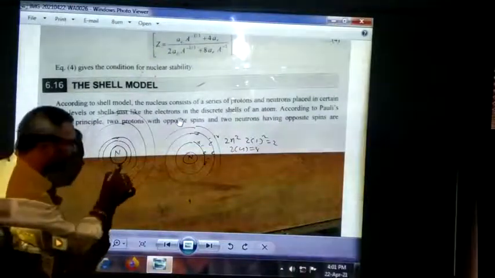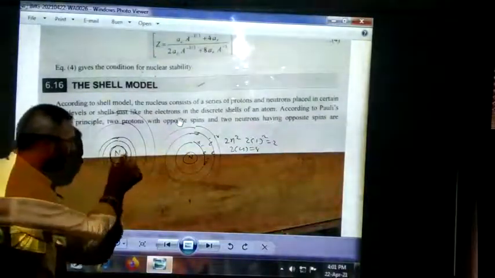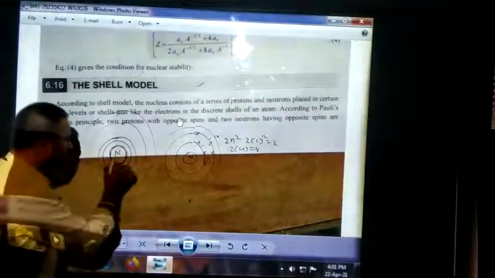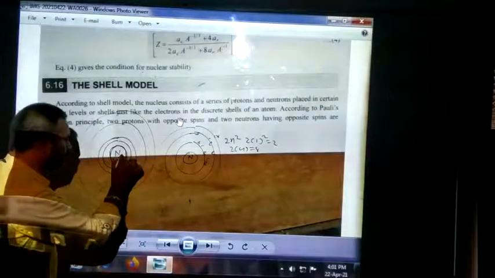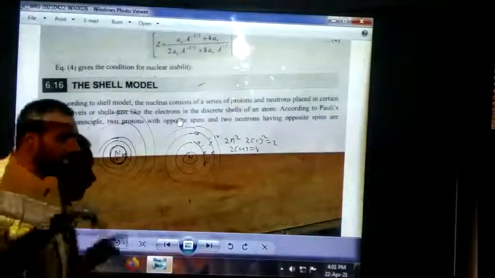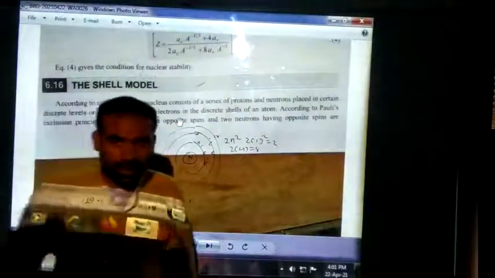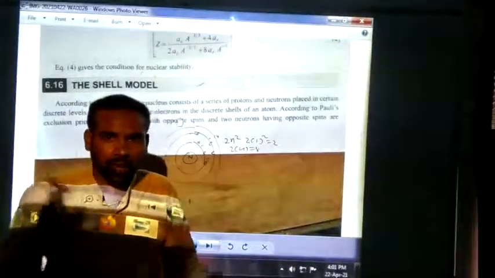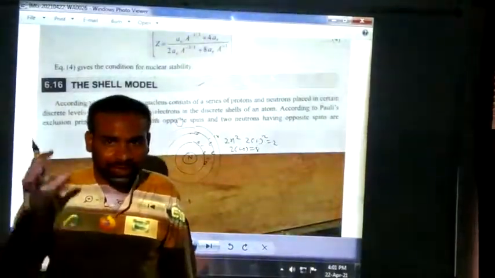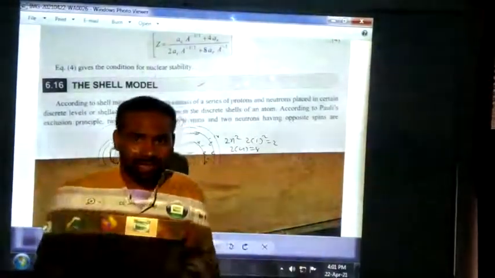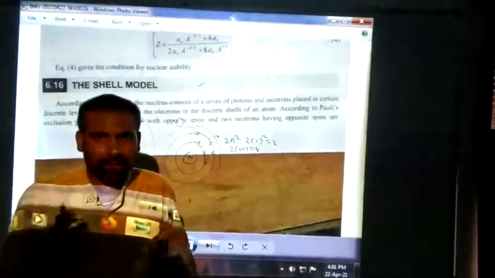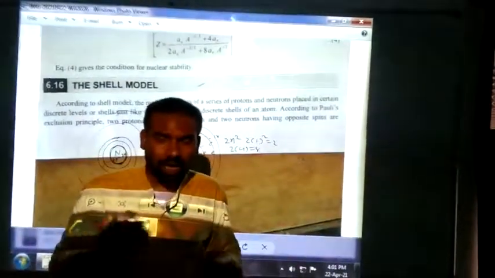Inside the nucleus the first energy level is filled with 2 protons with opposite spins and 2 neutrons with opposite spins. Like that, it is tightly bound and very stable compared to the other nuclei.